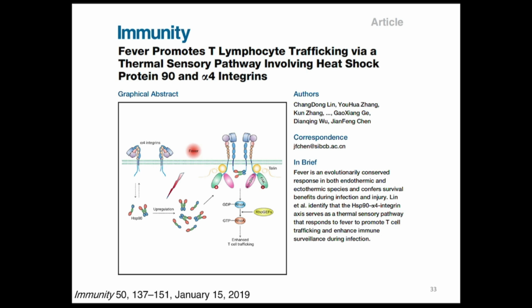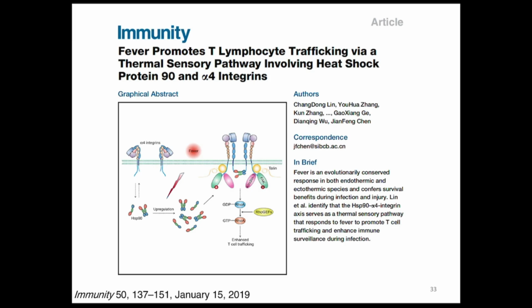It seems like a fever actually changes some of the trafficking proteins on cells. So it might not be that the fever is just about raising your body temperature to kill microbes. It also might be allowing better trafficking to different sites and things like that.